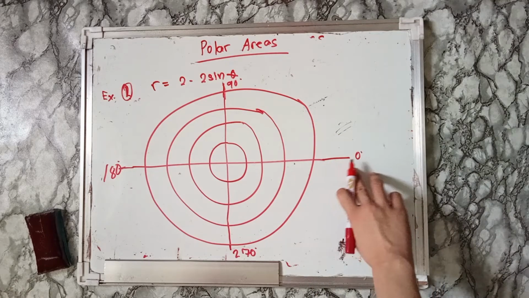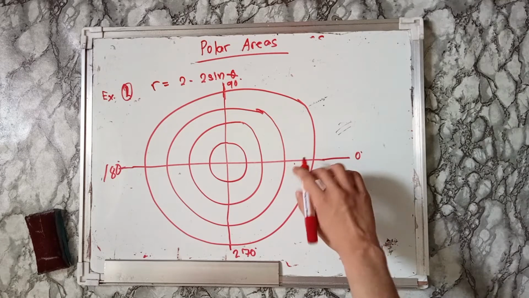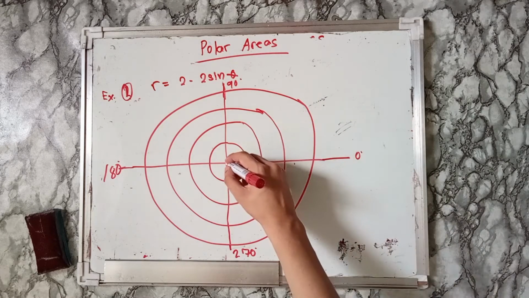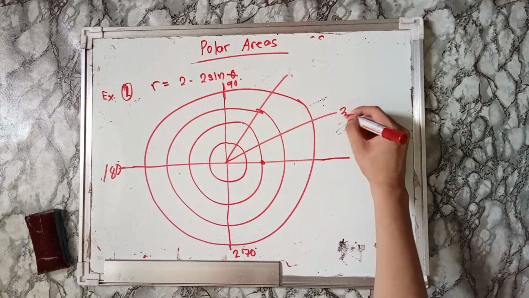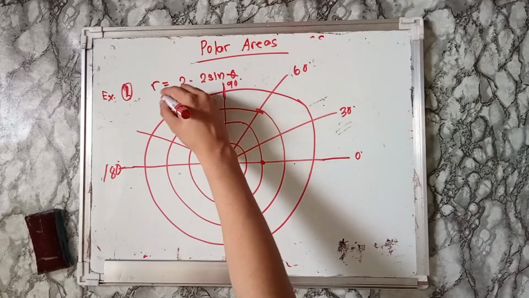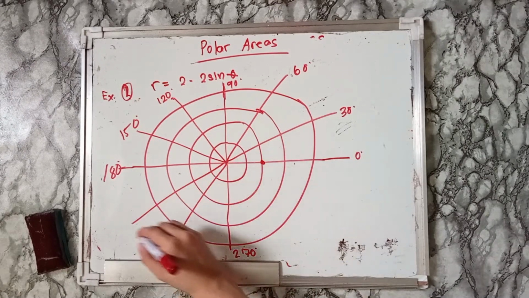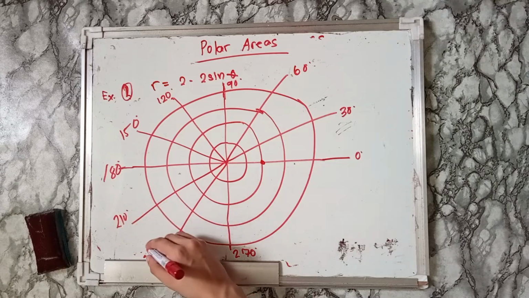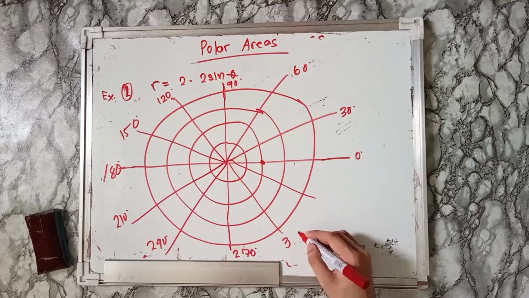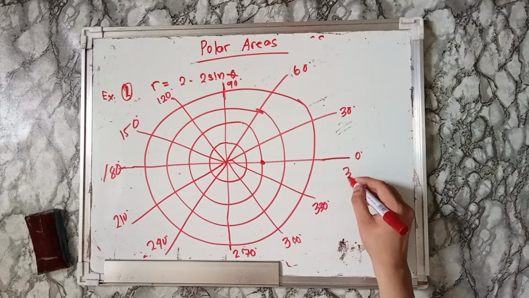So this is 30, 60. This is 120, 150. This is 210, 240, 270. This is 3, 300, 330, and of course 360.